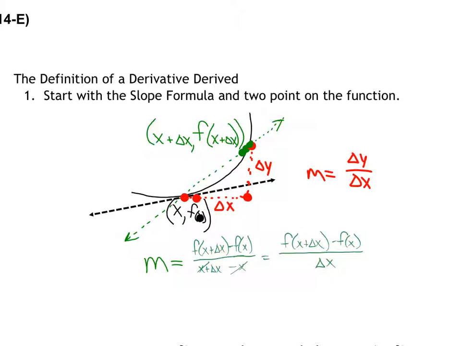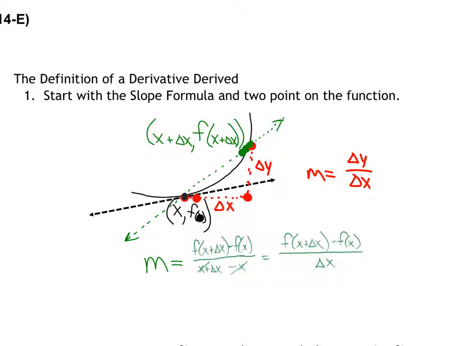So that's what our slope will equal at any given point, from the point that we want the derivative at, there in black. So this point right here, to any given secant point.